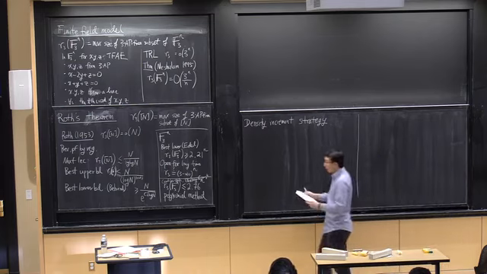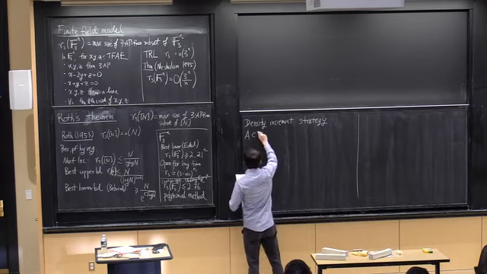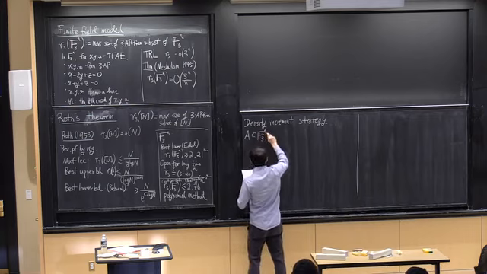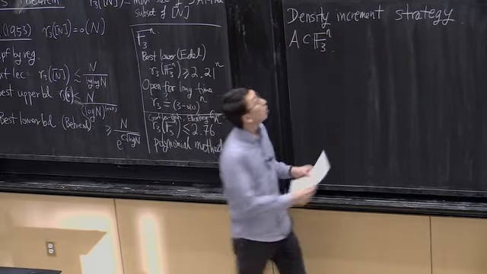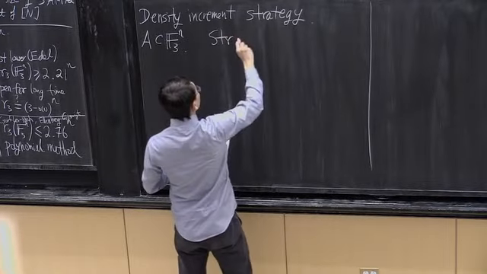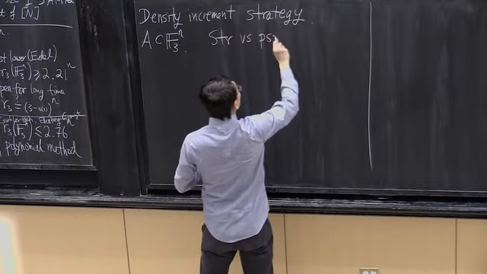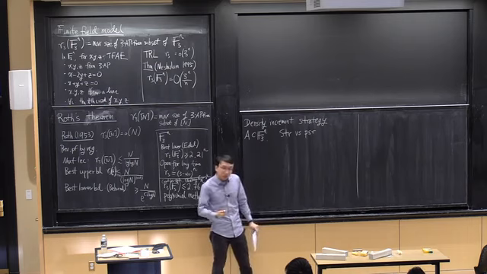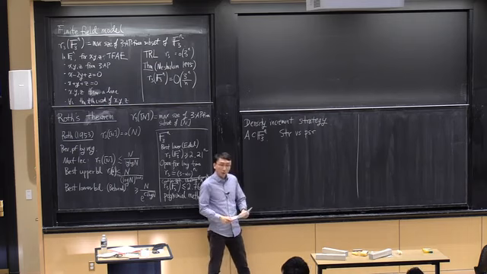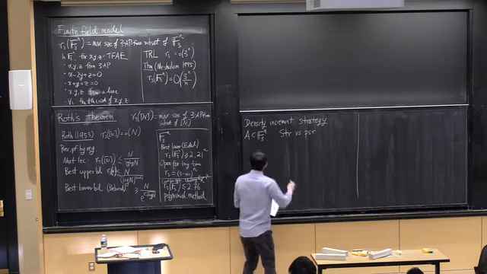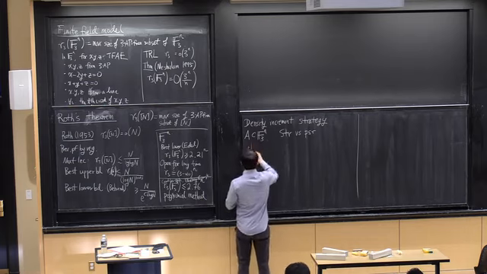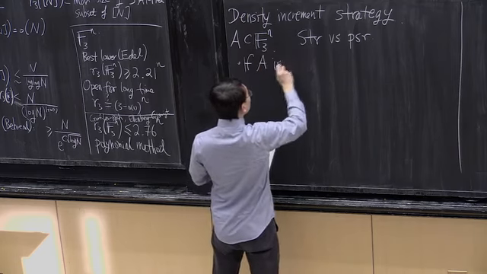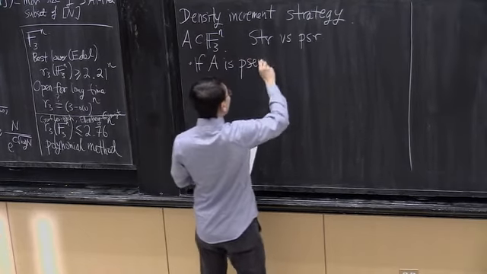So we start with a set, a subset of F3 to the n, and we would like to understand something about its structure versus pseudo-randomness in a way that is similar to when we discussed the similar issue for graphs. And in particular, there will be this dichotomy that if A is, in some sense, pseudo-random.